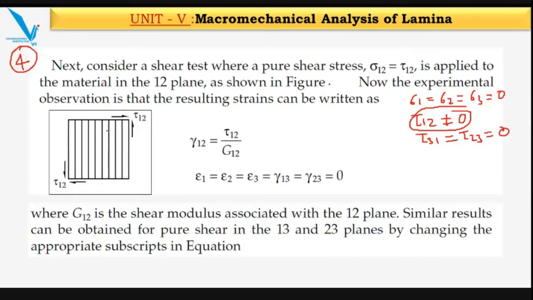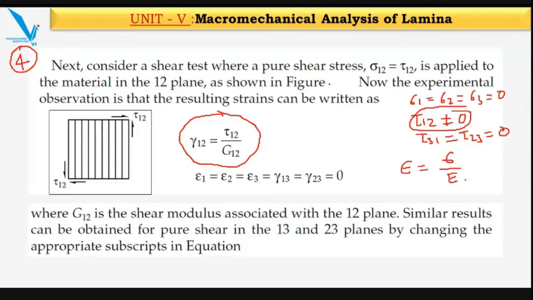So if you consider the plane 1 2 and apply these stress components, we know that just like in the normal case, strain is related to sigma upon E, similarly shear strain 12 is related to the shear stress divided by the shear modulus.